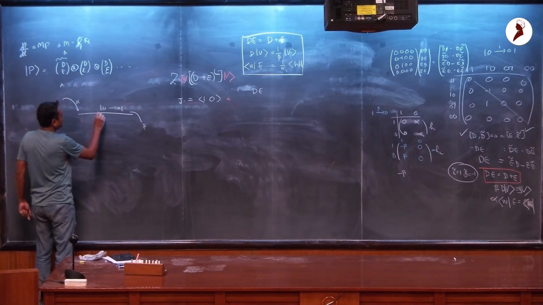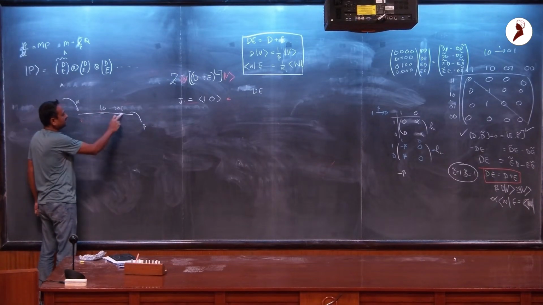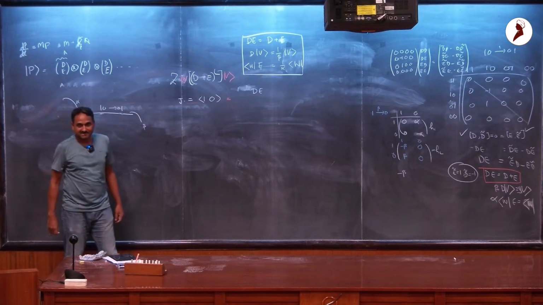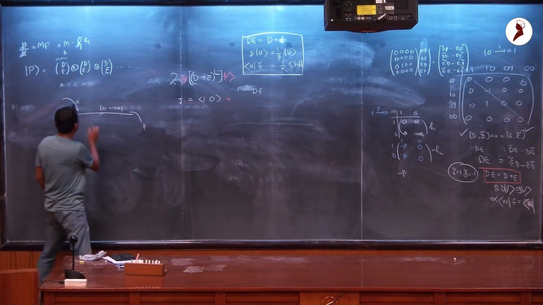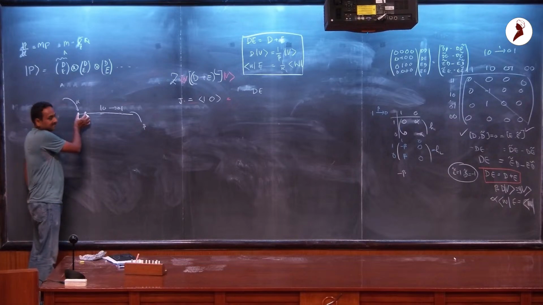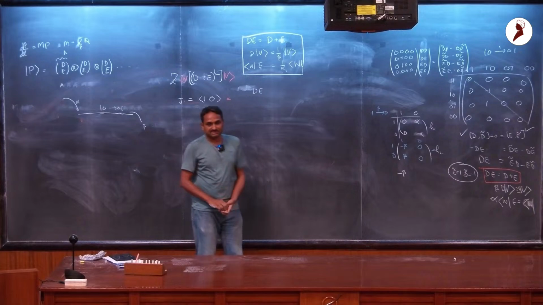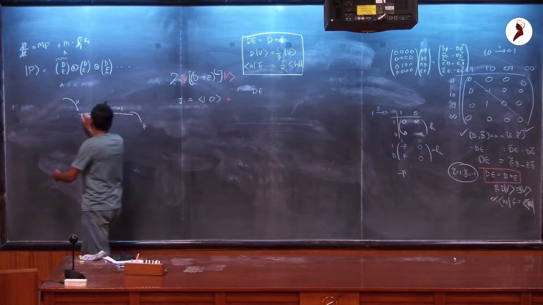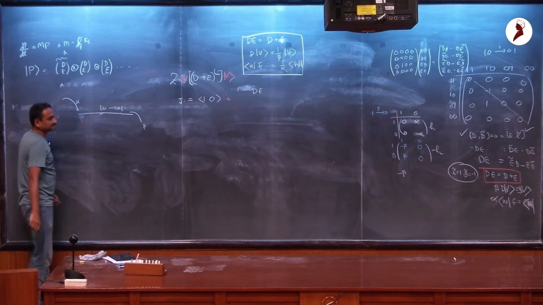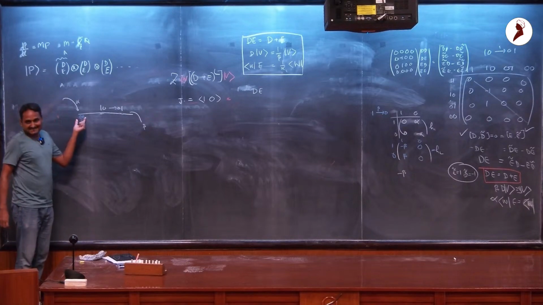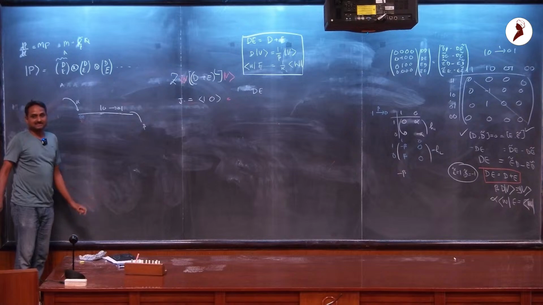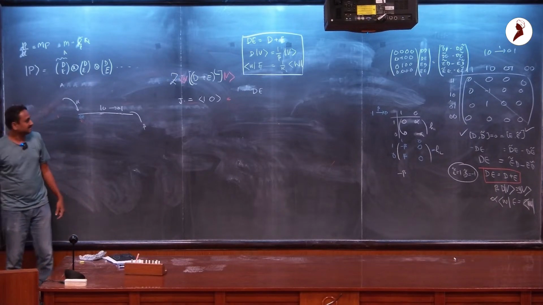So wherever you measure it should be the same. Let us first measure at the first two sites, DE expectation value here, DE expectation value here. First we put DE from here, and let us see that if you put it here and if you put it here, you get the same answer. That is something which you want physically.